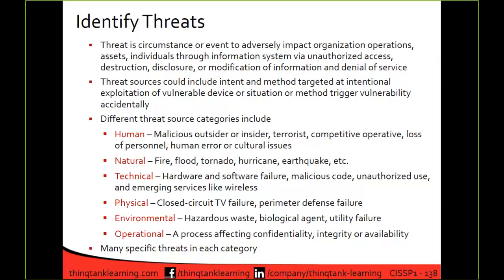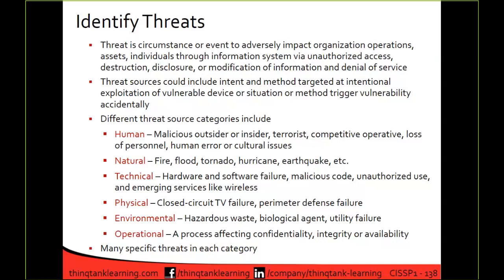Threat sources could include the intent or the method targeted at intentional exploitation of vulnerable devices or situations, or a method to trigger a vulnerability accidentally. Okay?